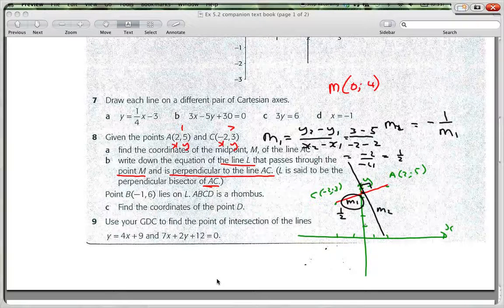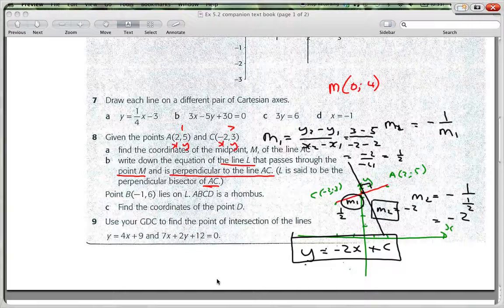So your M2 is equal to -1 over a half. Now when you divide 1 by a half, obviously that's 2, it's minus, so it's going to be -2. So we now have our equation y is equal to -2x plus c. We need to find out what c is.